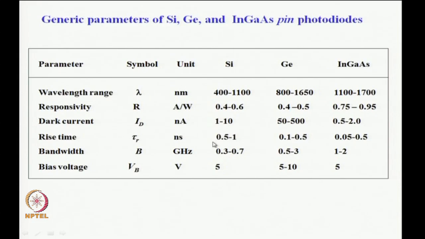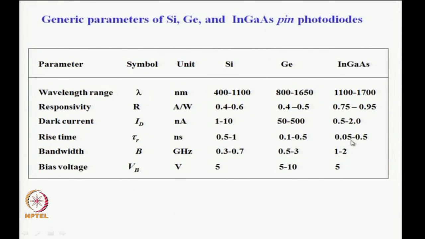The rise time here is typically 0.5 to 1 or even 0.1 for silicon detectors, and 0.1 to 0.5, and one can have detectors with 0.05 to 0.5 nanosecond rise time.